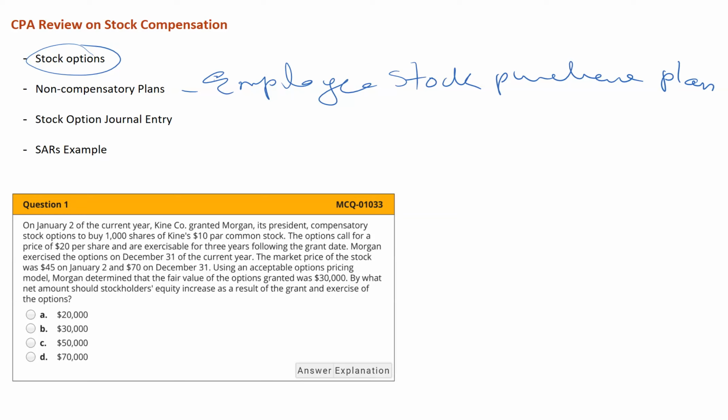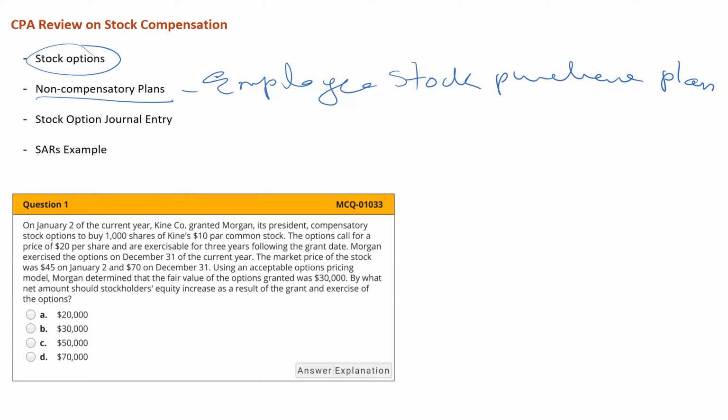If you fulfill all those GAAP requirements, then you don't need to record it as a compensation expense. For example, the requirements are that you give this type of stock to all employees, and when they get the chance to buy the stock, the discount is very small compared to the market price, and the plan should not involve any option features.